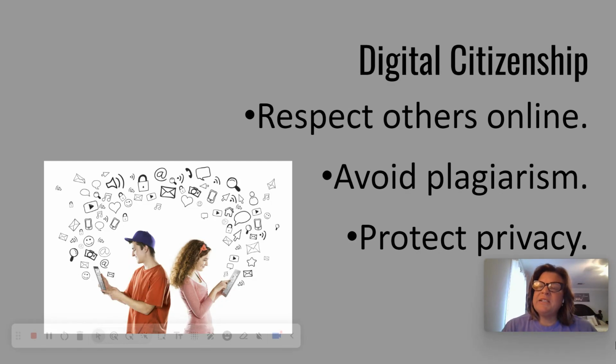So let's talk about respecting others online. Let's talk about not using plagiarism. We've got to avoid plagiarism. They hear that over and over, but a lot of the times they don't realize that they do it inadvertently. So let's talk about how we avoid plagiarism and then protecting privacy. Privacy is a big one, especially with high school students.